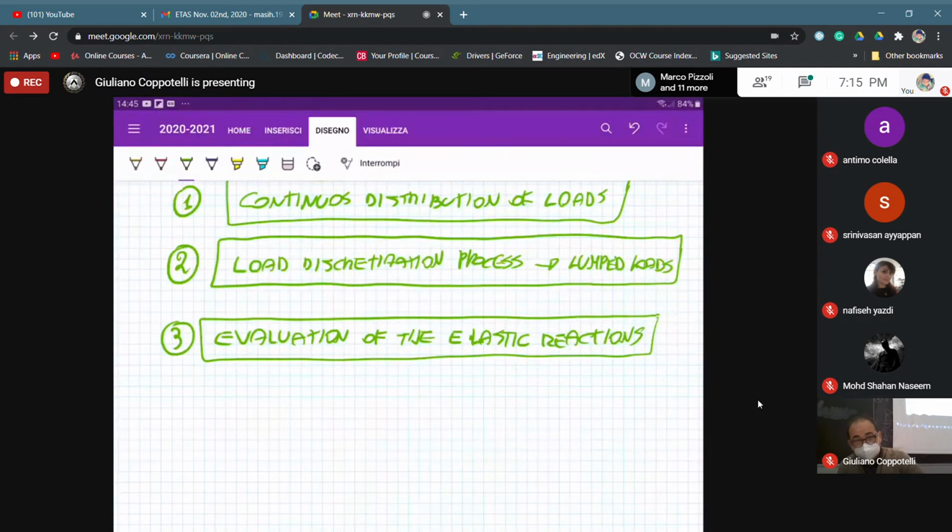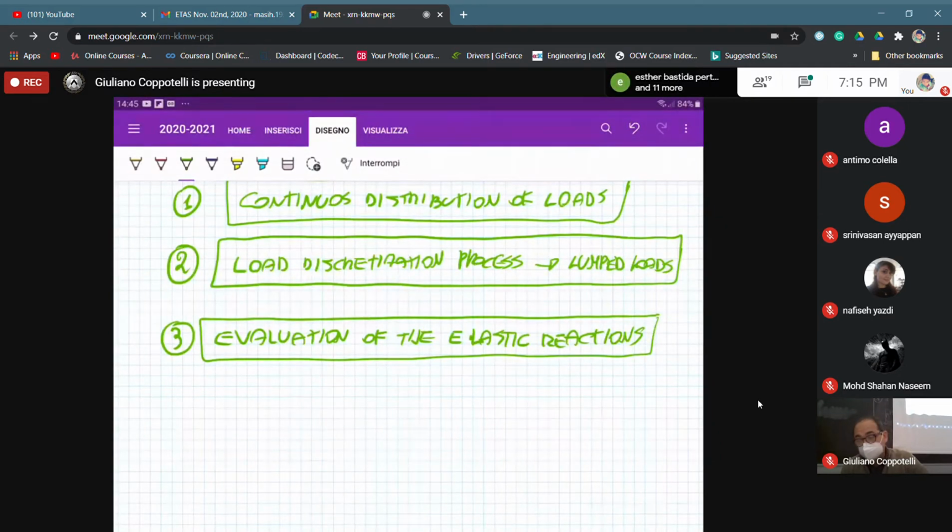And what we are doing now with this evaluation of the elastic reaction is to compare the result in terms of stress and strain field to the one that we got from the continuous distribution.